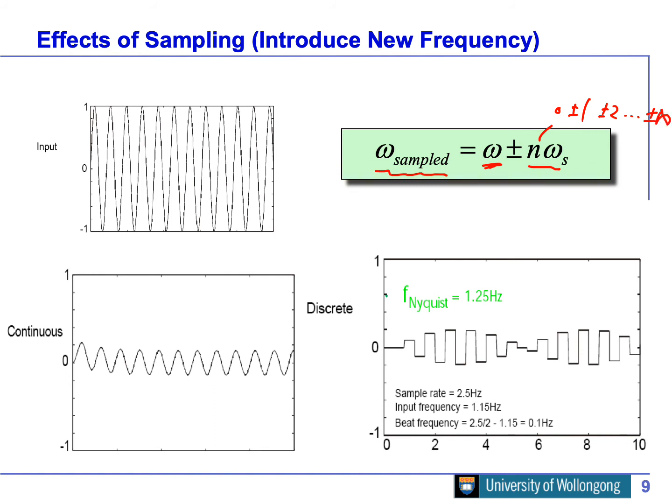So we have a train of frequencies rather than the existing frequency omega. That's why we have to make sure this omega s is larger than twice the largest omega in the system. Otherwise, we'll have alias.